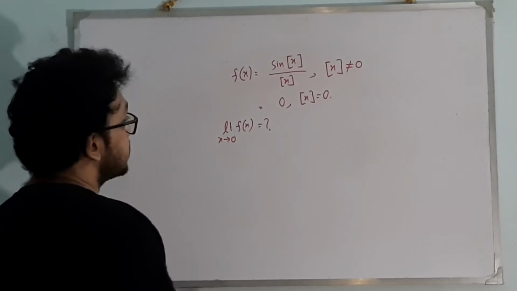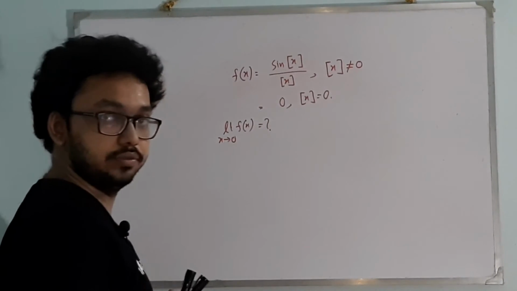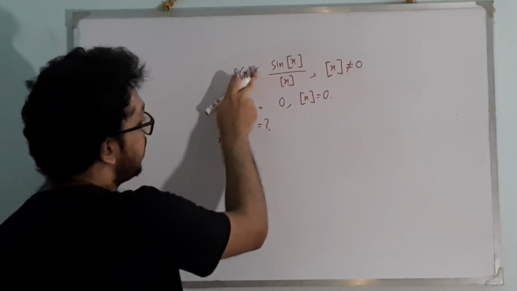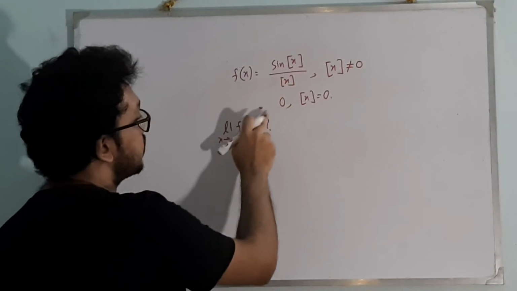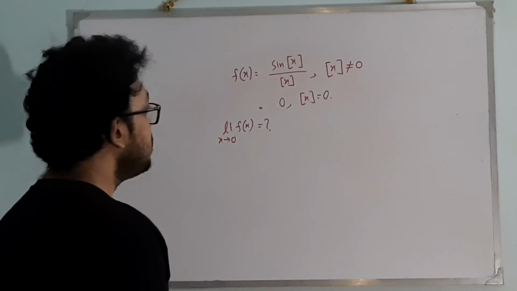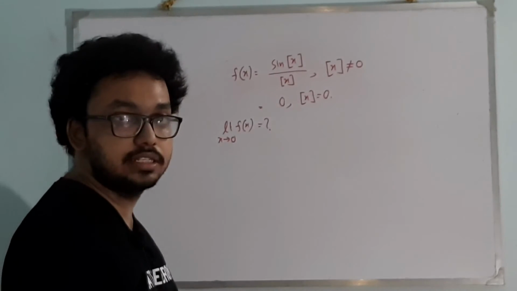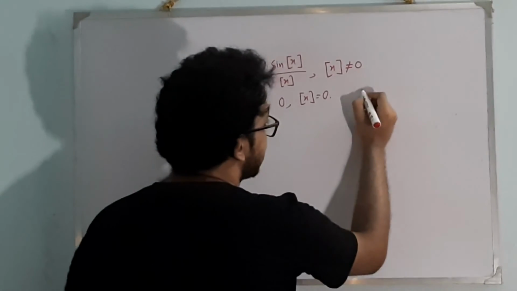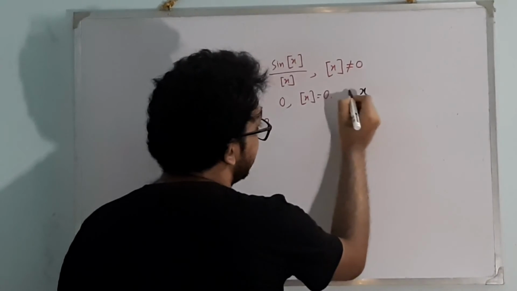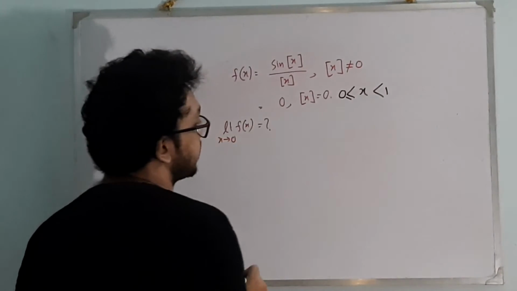The problem says that f(x) is 0 when greatest integer function of x is equal to 0. And when greatest integer function of x is not equal to 0, then f(x) is equal to sine of [x] divided by [x], right? Now, when greatest integer function of x is 0, clearly x varies in the interval greater than or equal to 0 but strictly lesser than 1.